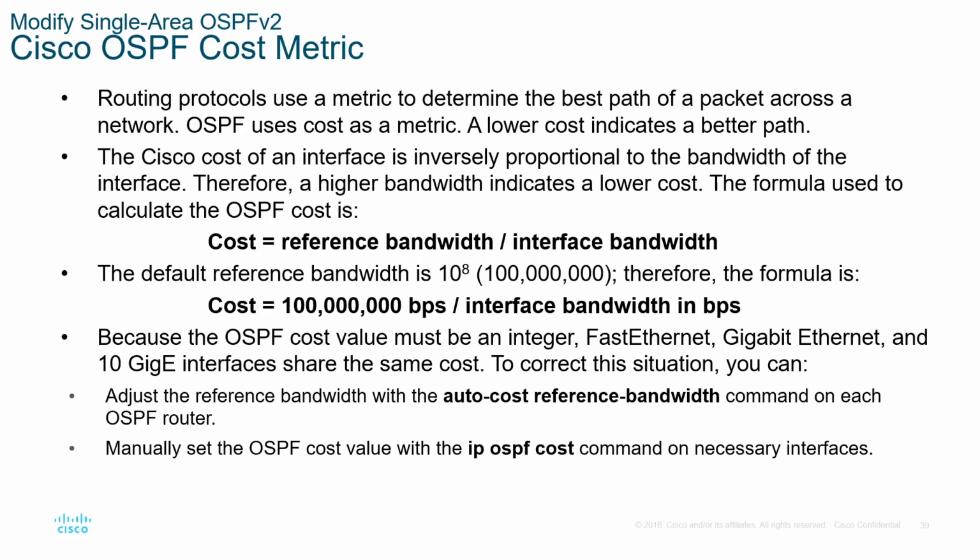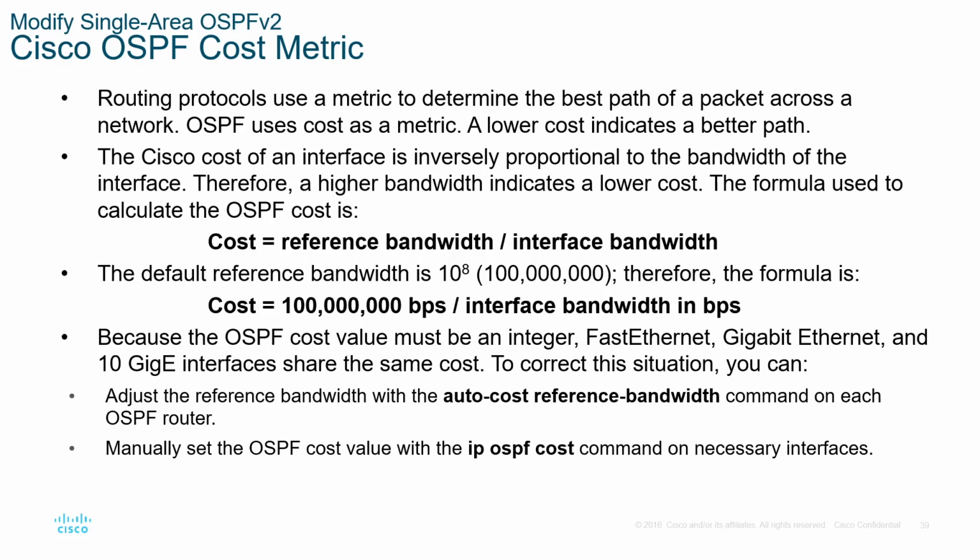As a consequence of this, for OSPF, if you have a gigabit interface, you have 100 megabits per second divided by 1,000 megabits per second, and you will get 0.1. But the cost is pretty much an integer, so it rounds up.